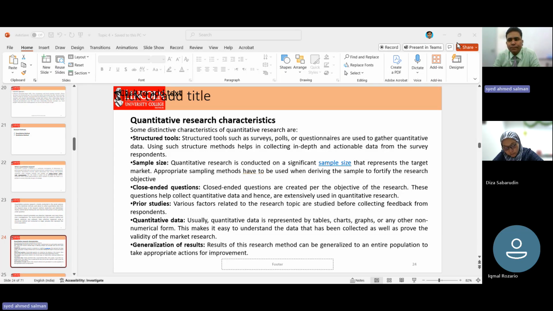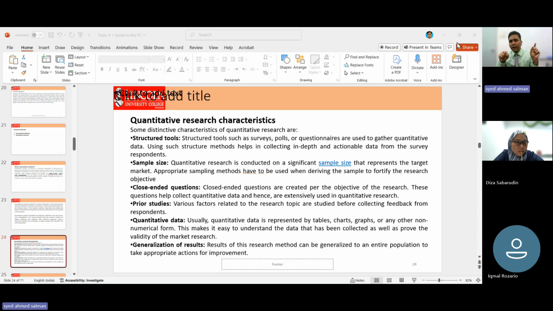Can I continue? Yes, sir. The second characteristic of the quantitative method is sample size. Listen very carefully. Quantitative research is conducted on a significant sample size that represents the target market. An appropriate sampling method has to be used when drawing the sample to fortify the research objective. So, in quantitative research, you should decide and have a sample size.